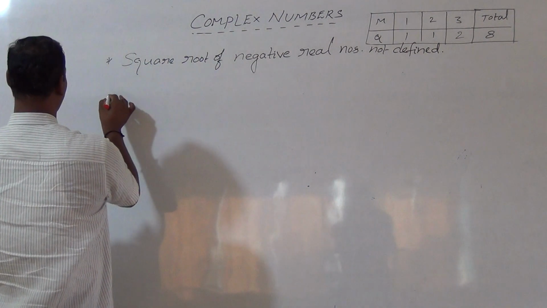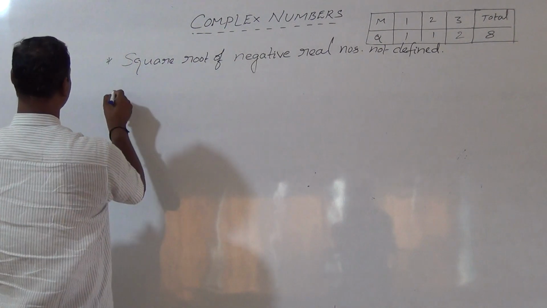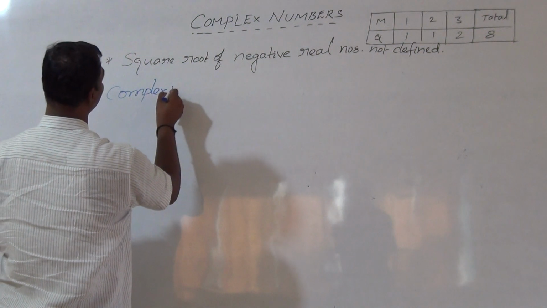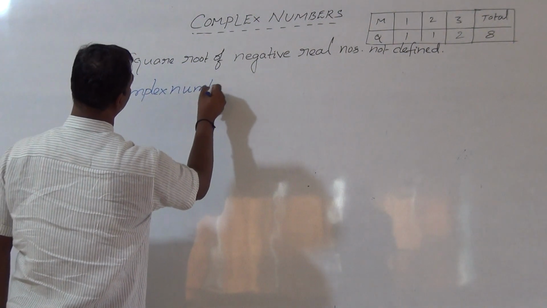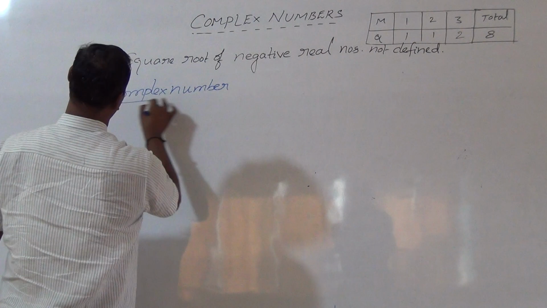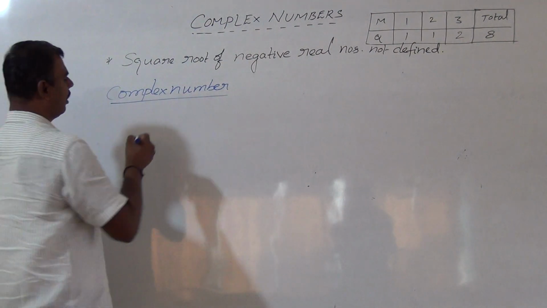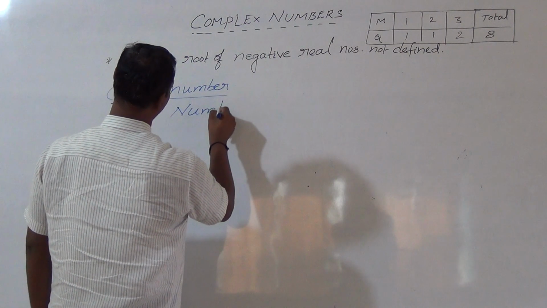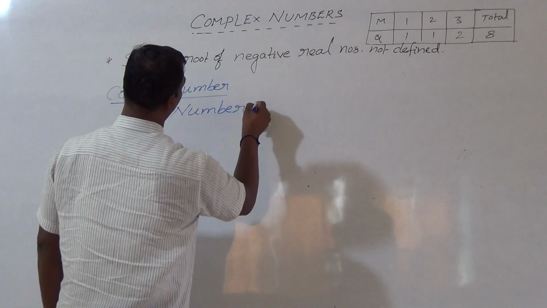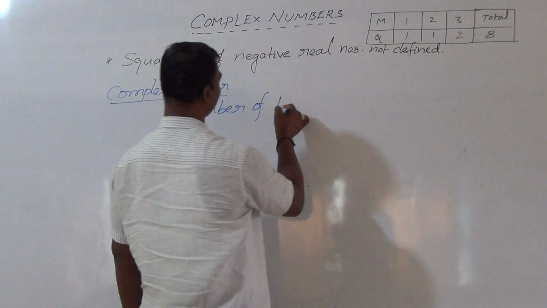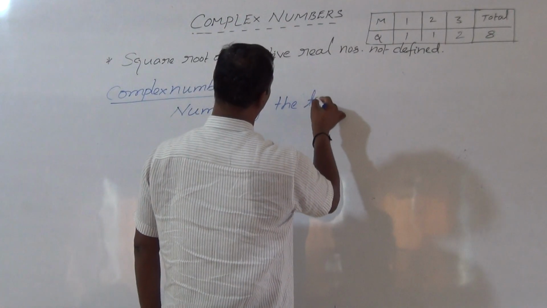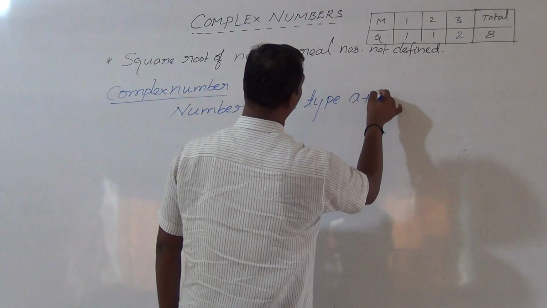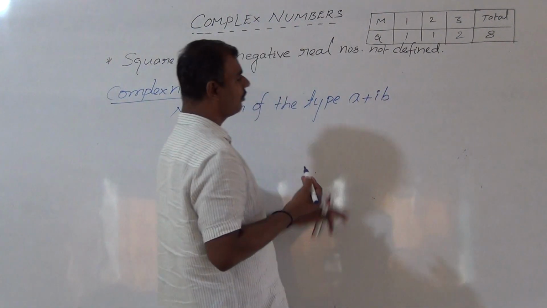So what is the definition of a complex number? Define complex number. A number of the type a plus ib.